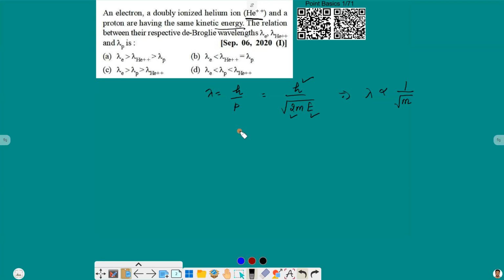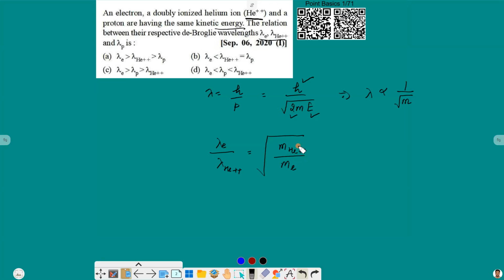So if I now divide the wavelengths for electron and He positive, let's start with these two. Lambda of electron by lambda of He positive will be equal to under root of mass of electron divided by mass of He positive.